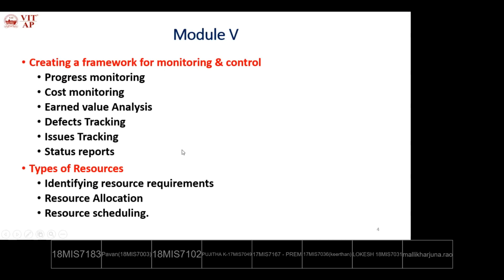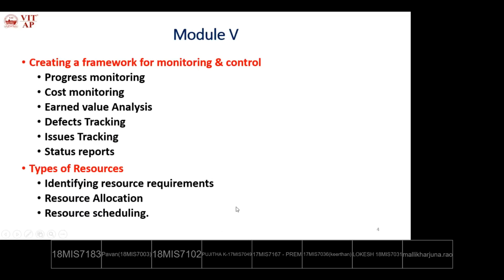And the second part, types of resources. Here we are trying to identify the various resources as per the problem definition. Resources are the various human resources required, the various software resources, the various hardware resources, and the various other environmental factors required to develop the project. That we are identifying.